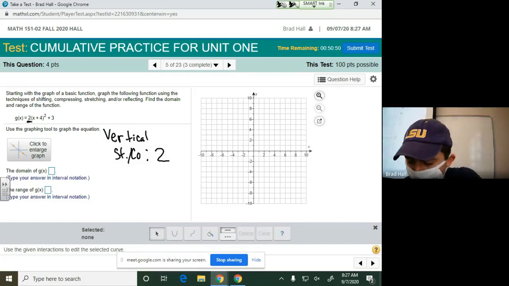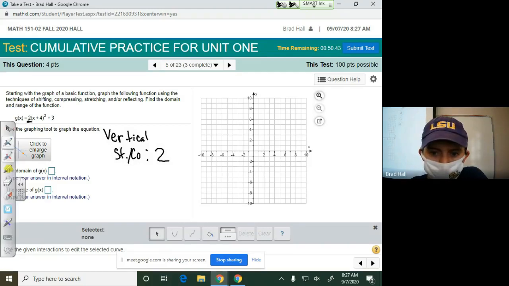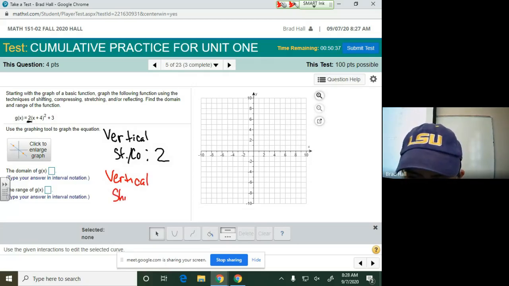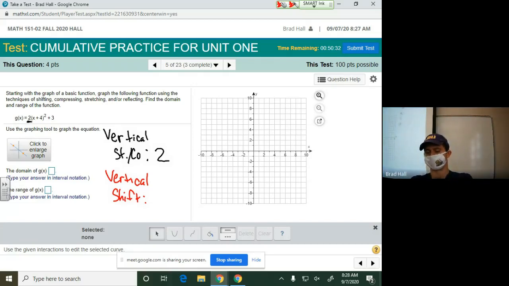And then the next part you will see in that box is vertical shift. If you forget, move the slider in my math lab and you'll see the graph go up and down. In other words, this tells you how much up or down you go, if you forget vertical versus horizontal.